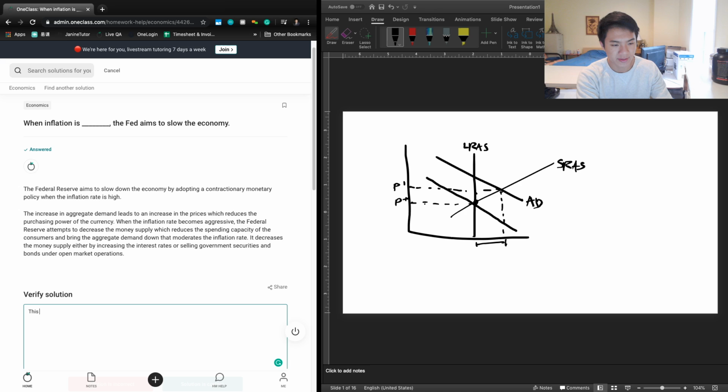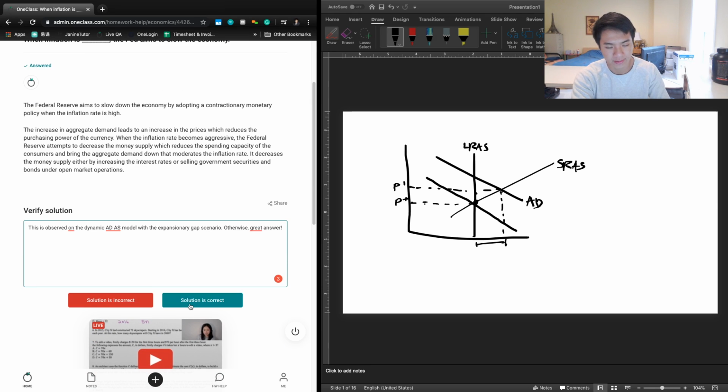This is observed on the dynamic AD-AS model with the expansionary gap scenario. Otherwise, great answer, we have no problem with that. I just felt it was important to note that, from a graphical standpoint, we want to look at this model over here. Okay, let's take a look at the next question.